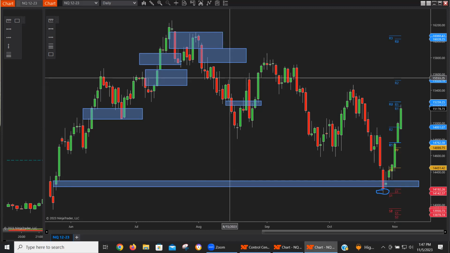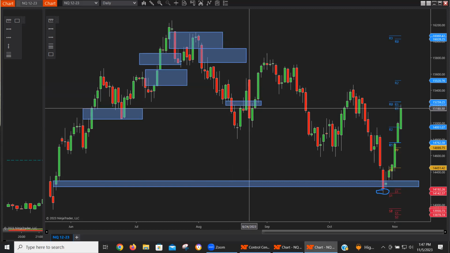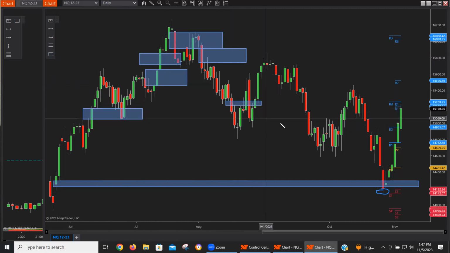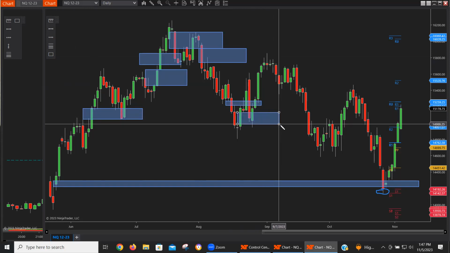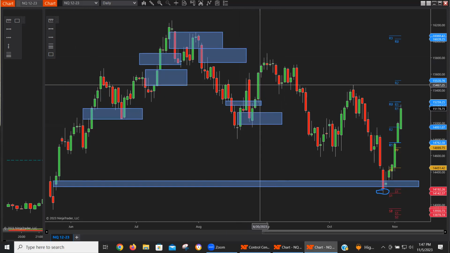It didn't have to be an imbalance. Remember, we look for imbalances and liquidity areas. Above a swing, it did not close above that swing, to come all the way back down. To where? An imbalance.